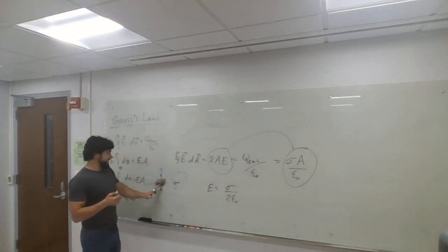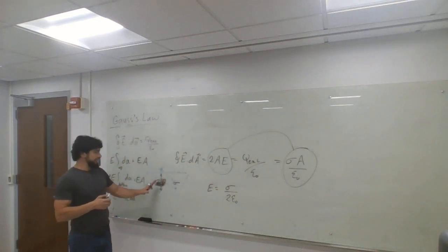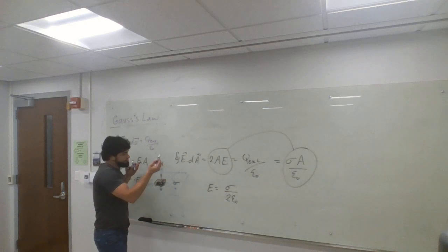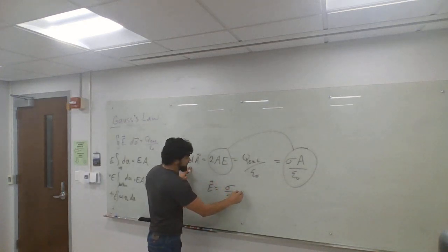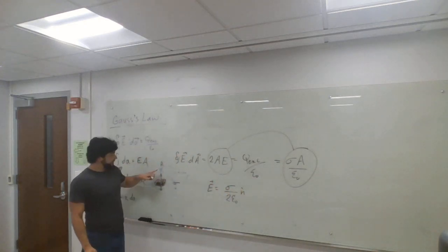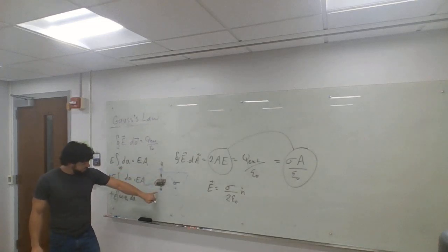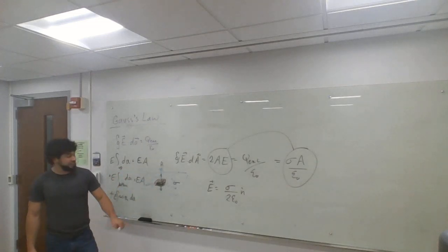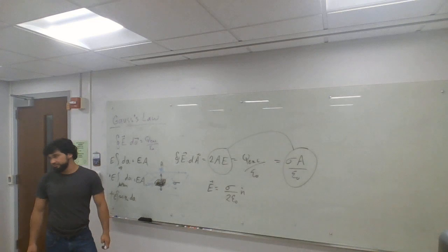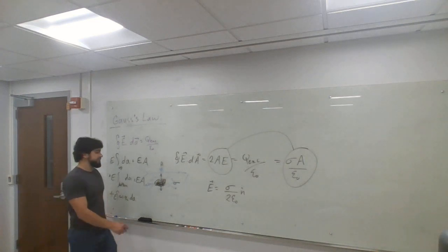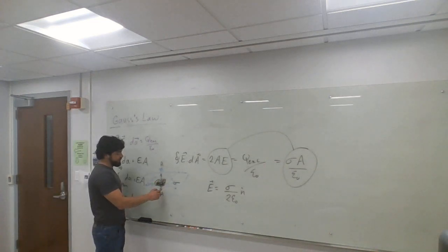You know already that E is vertical, n hat. Let me call it n hat. So it's n hat in that case. N hat here is upwards. N hat there is downwards. So it depends where you want to find the electric field. Let's call it 1 or 2.